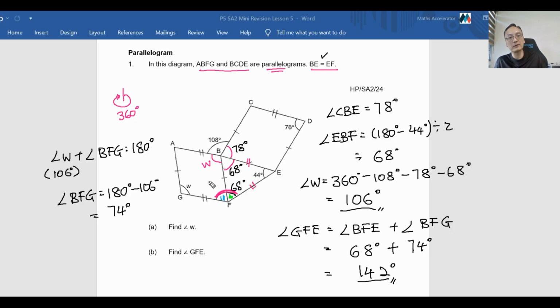Please remember, the first thing we do is understand the properties of the parallelogram. Firstly, we make use of the property that opposite angles are equal to solve part A, and for part B, we make use of the property of adjacent angles inside a parallelogram, which will always give you 180. We also make use of the property of the isosceles triangle.